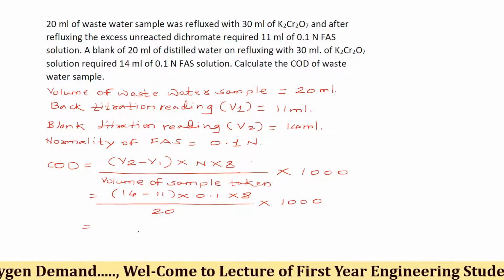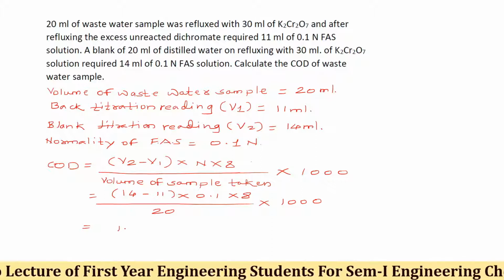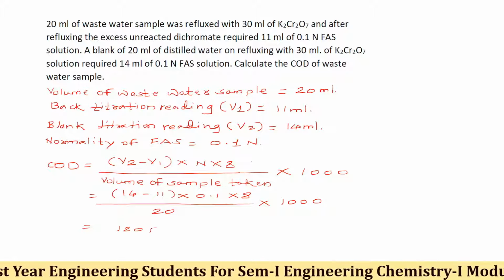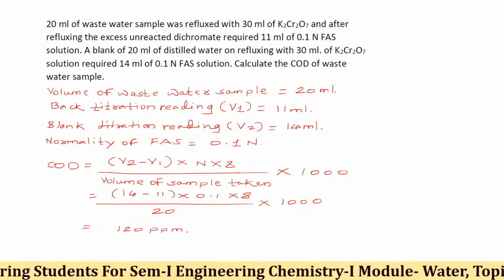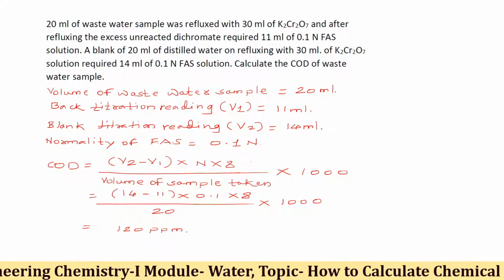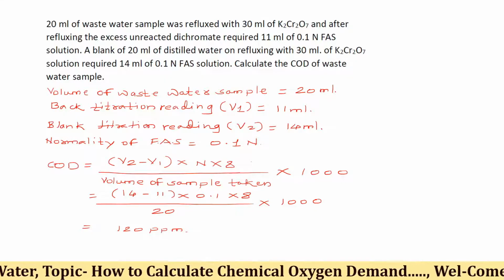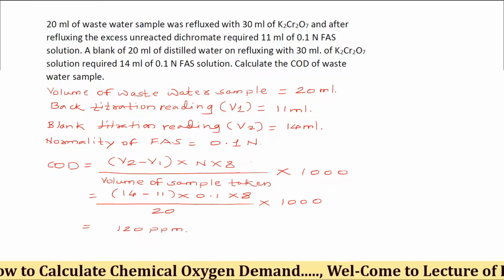So our answer by calculation is 120 parts per million. So this is our first numerical related to chemical oxygen demand.